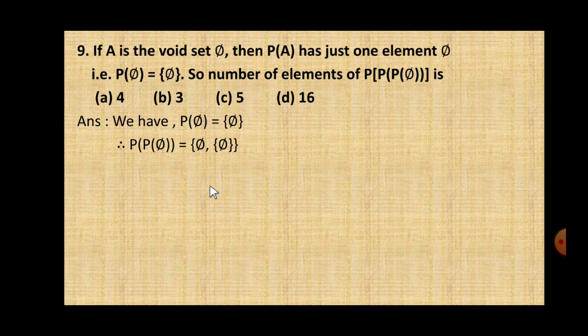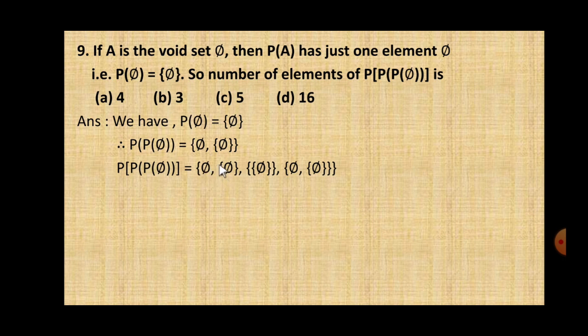Next, P of this term means there are a total of 2 elements here. Now the subsets of this set you have to write down. Again you can start with flower brackets. You take flower brackets and then the first one is the null set.